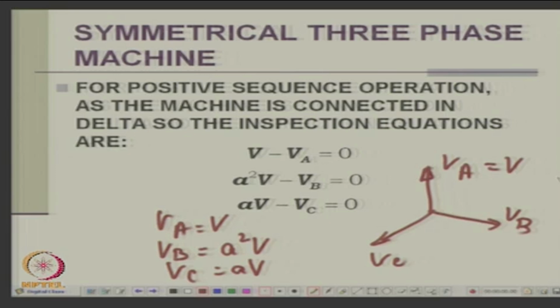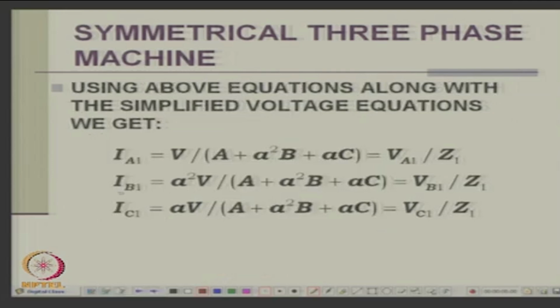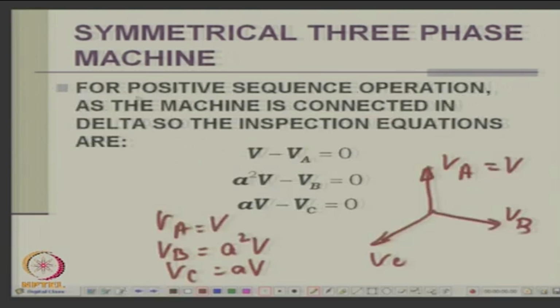Okay. So, you can always expect that this is due to the positive sequence. So, it will produce IA1, IB1, IC1, which are the currents due to positive sequence voltages. So, these are positive sequence voltages.